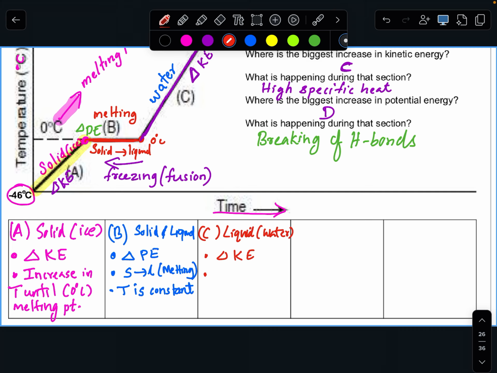Kinetic energy, and temperature increases until what? Until it boils, that is 100 degrees Celsius. Until it reaches boiling point. Okay, line D.